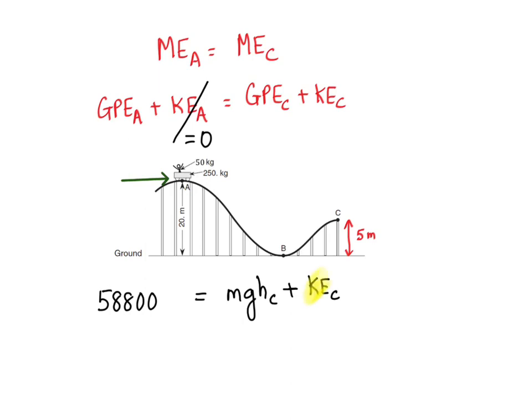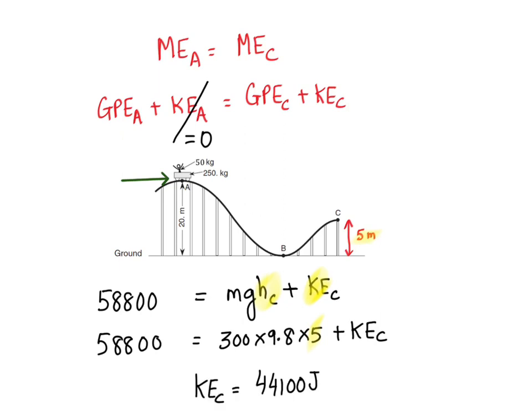The reason is that the question is asking to calculate kinetic energy, so we will not substitute it with its formula. Substituting the numbers, remember that the height at C is 5. Then we can solve it using a calculator. We get the value as 44,100 joules.